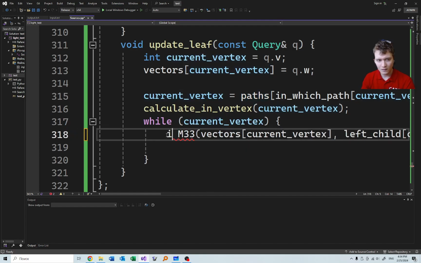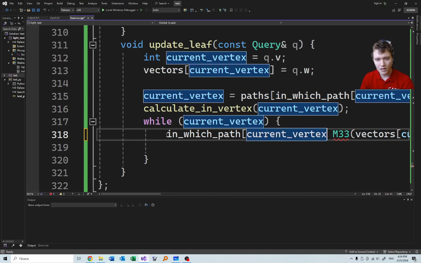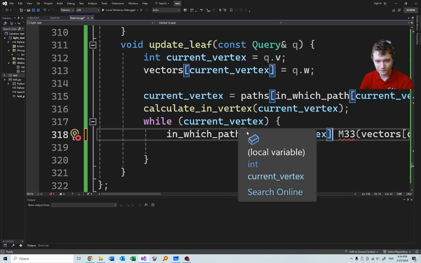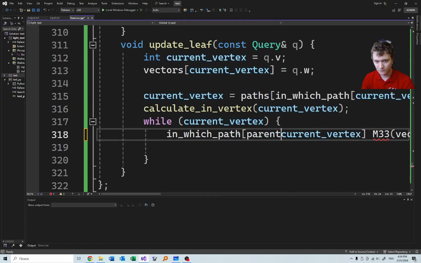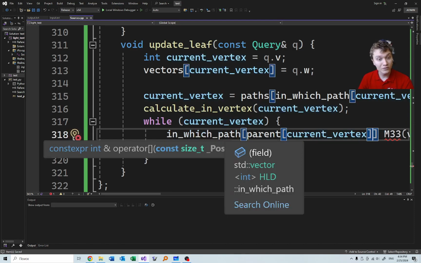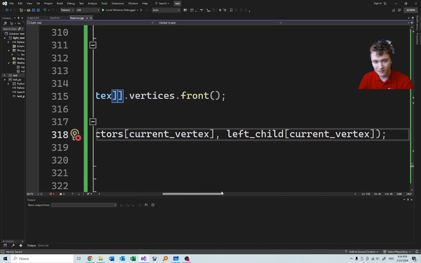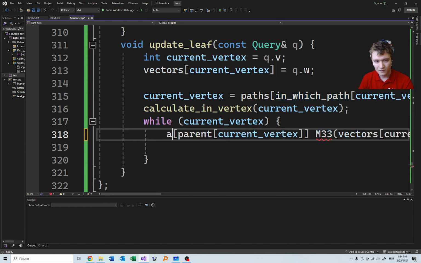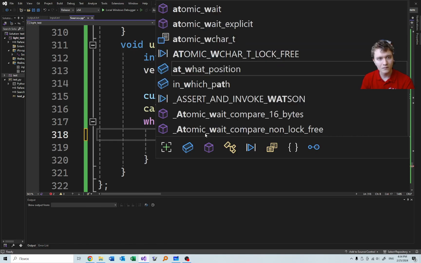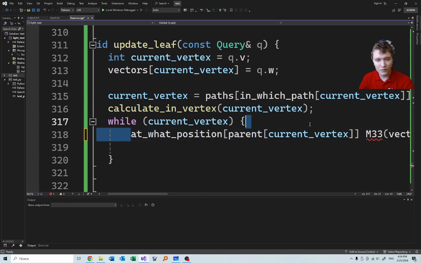So we need to say in which path our parent lies. Actually, not in which path, but at what position. And this matrix with this number should be updated with this matrix.